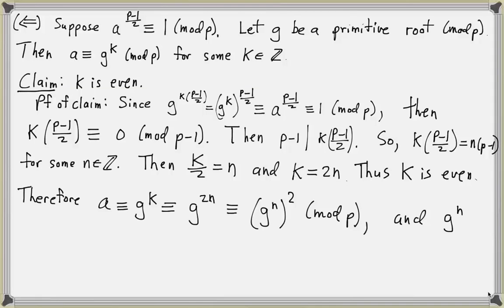And therefore, a is a quadratic residue mod p. And this finishes the proof of Euler's criterion.